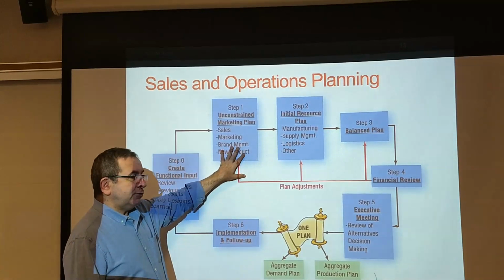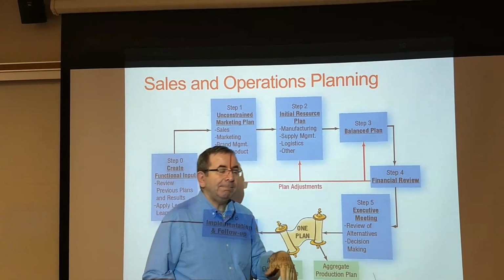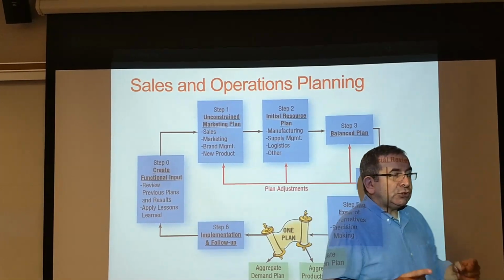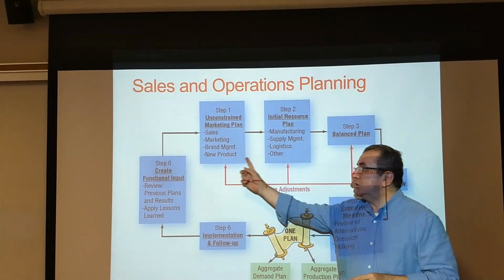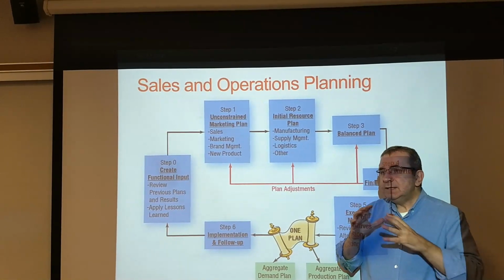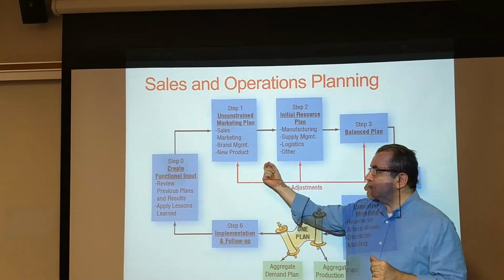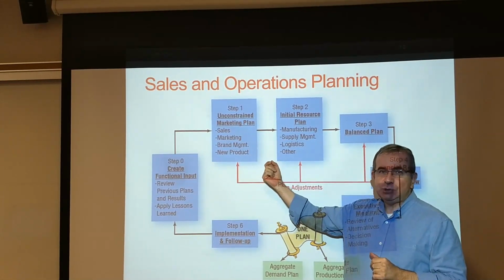Typically, those two forecasts will not agree with each other. So then the question is, how can we reconcile these two numbers?